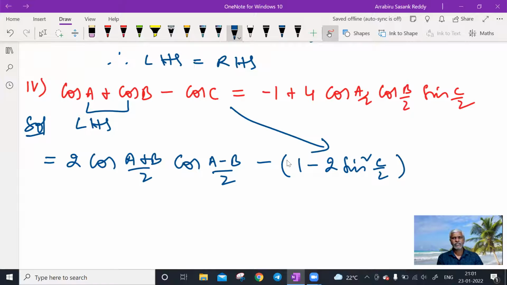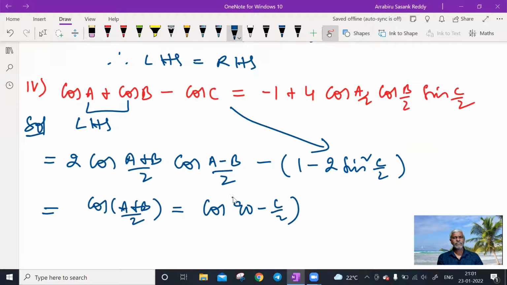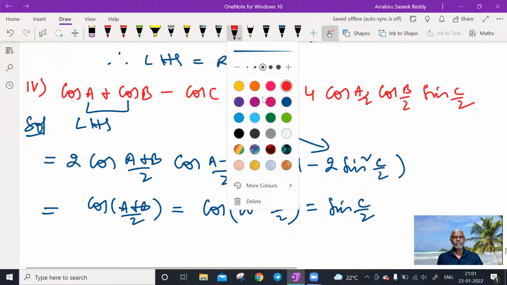Again, converting cos a plus b by 2 is cos 90 minus c by 2, that is sin c by 2.